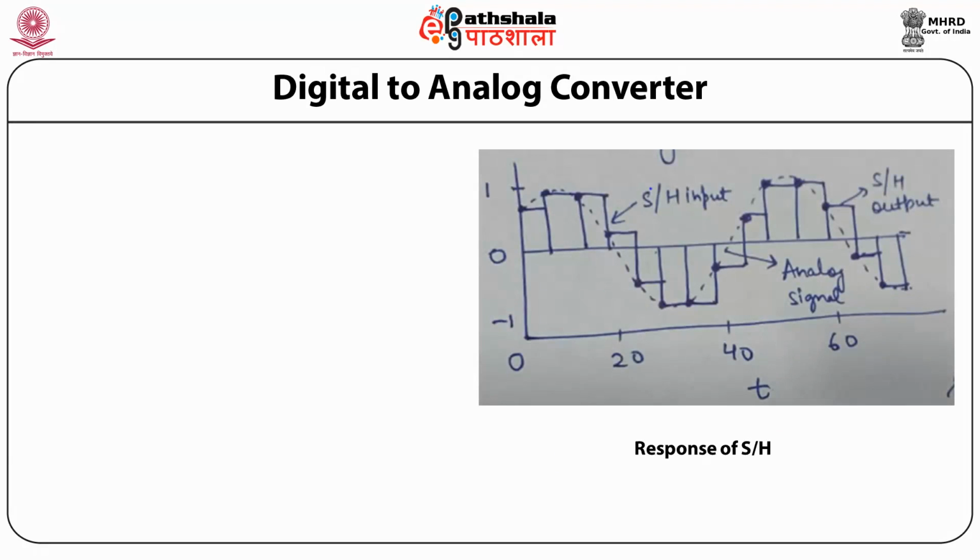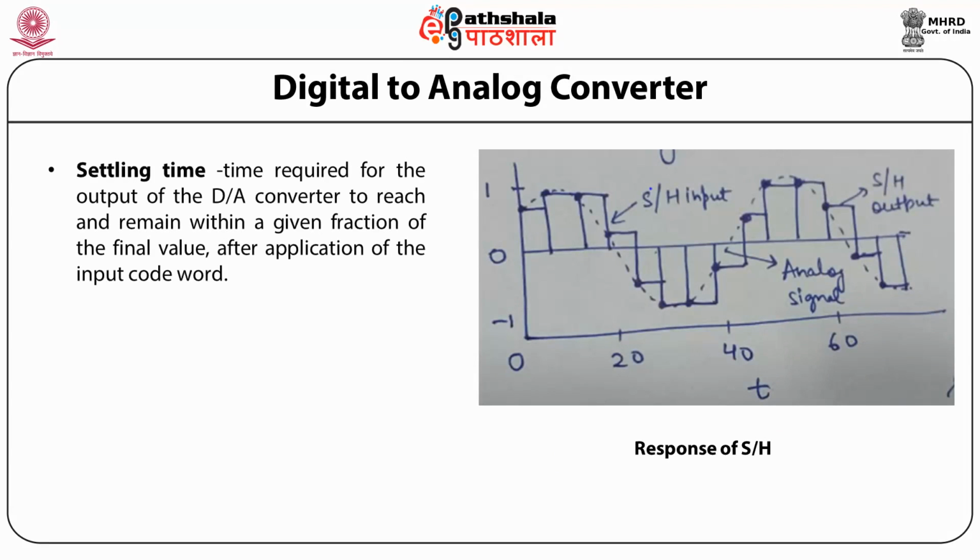There is one more important factor, the settling time, which is the time required for the output of the D to A converter to reach and remain within a given fraction of the final value after the application of the input code word.